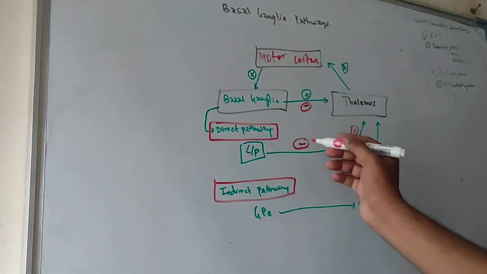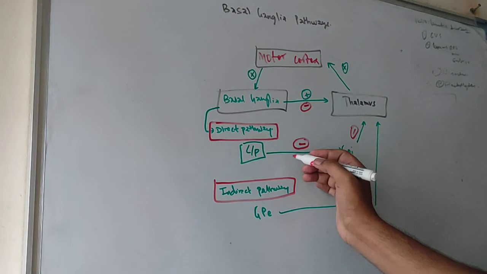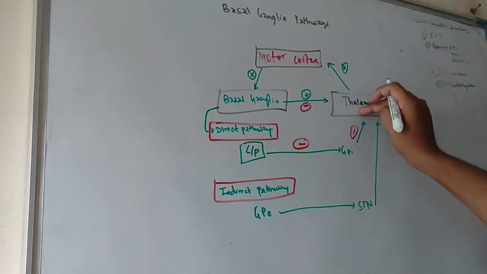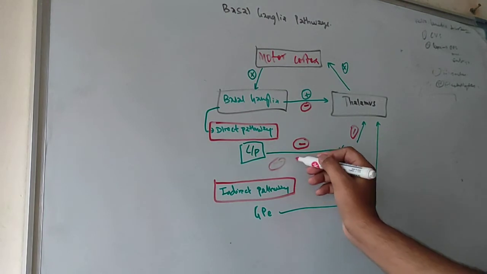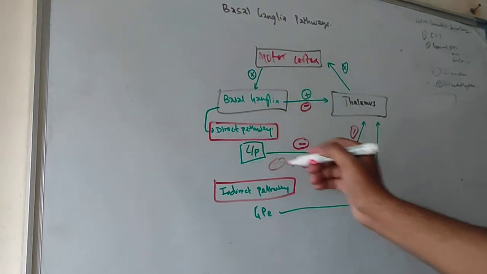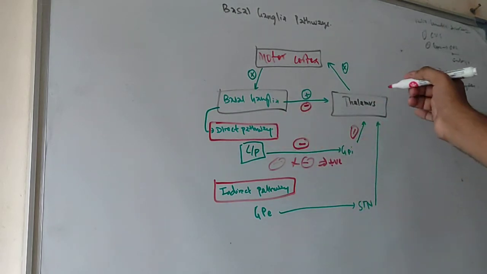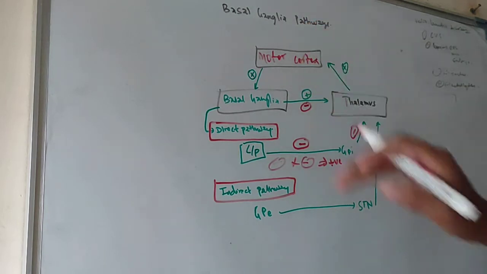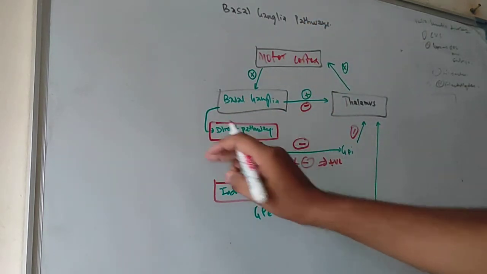So the overall summation remains positive, because this inhibits this inhibiting this. That means negative into negative is positive. So the direct pathway stimulates the thalamus, which stimulates the motor cortex. So there is an increase in motor activity from the direct pathway.